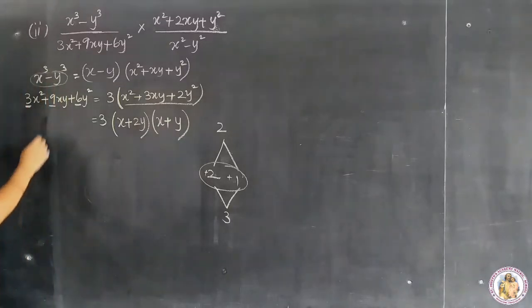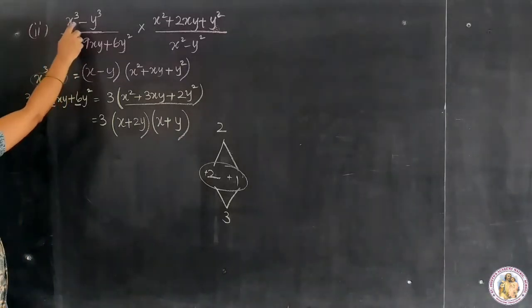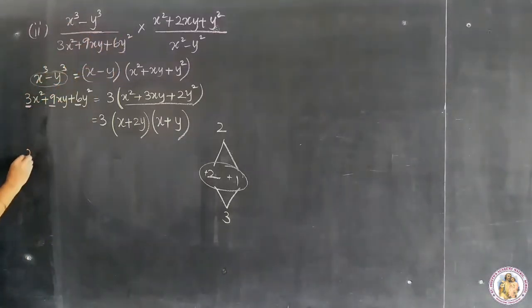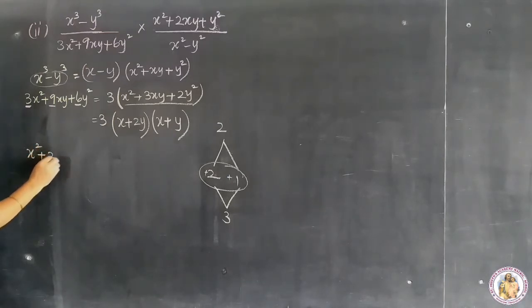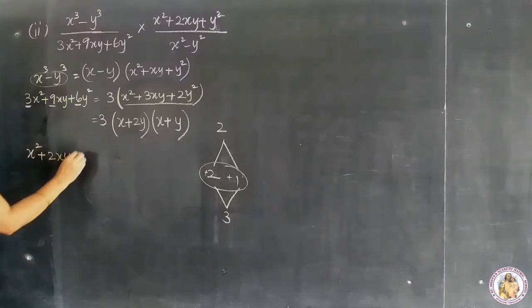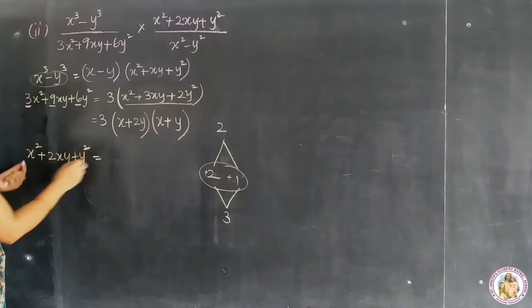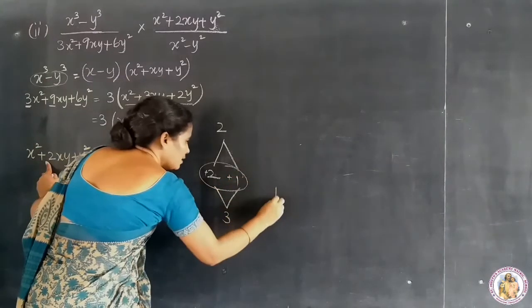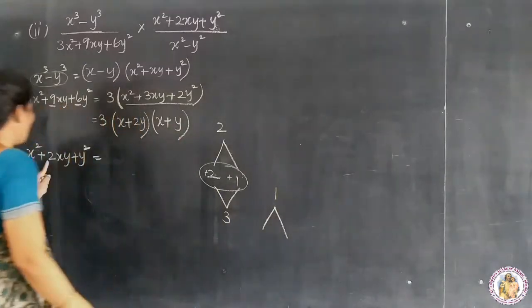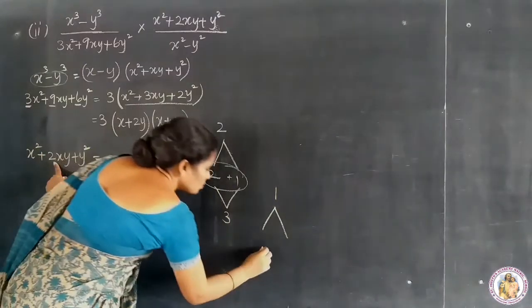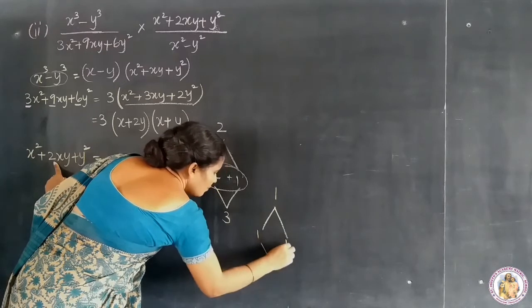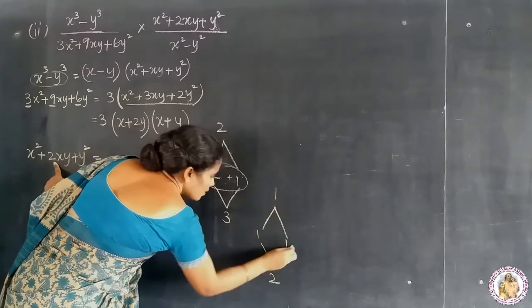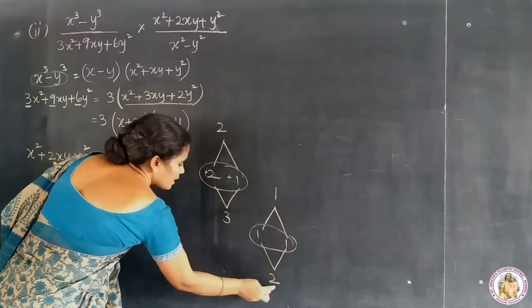Okay. And next, taking next variable, that is x square plus 2xy plus y square. So it is taking 1 and we must get 2. So 1 ones are 1. 1 plus 1 is 2.